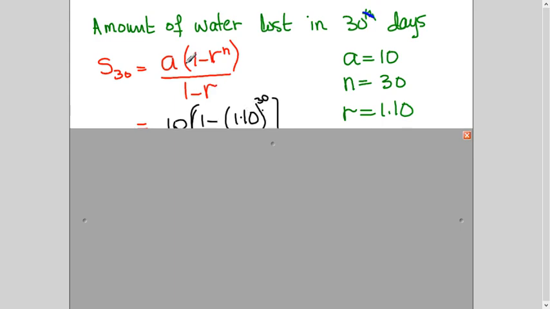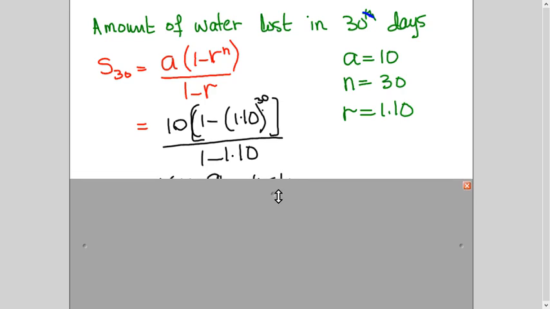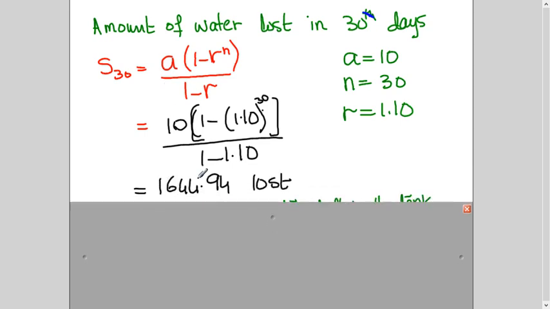So now A is my 10, N is my 30, R is my 1.10 according to the question. So I'm just plugging in here the values. And it is 30 because we have to add up water lost in 30 days. So now we got 1644.94 liter of water is lost.